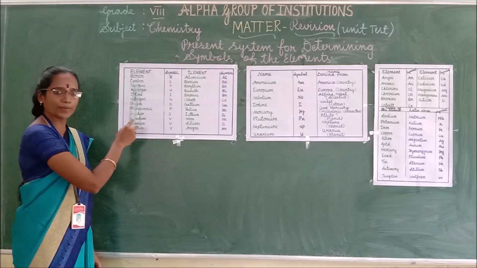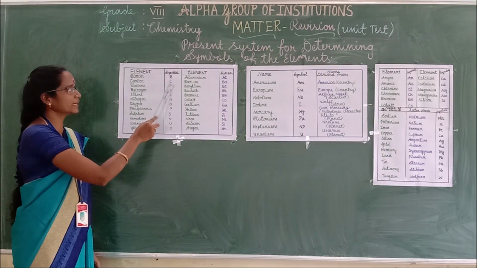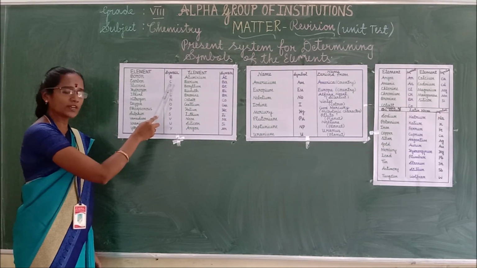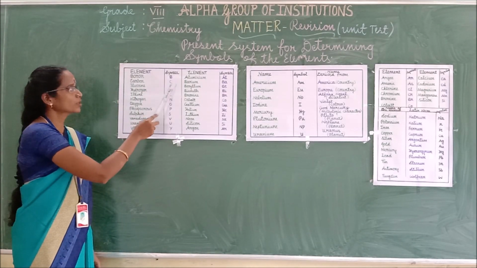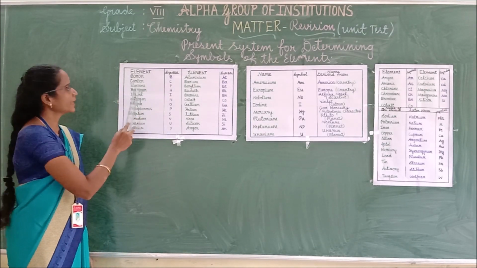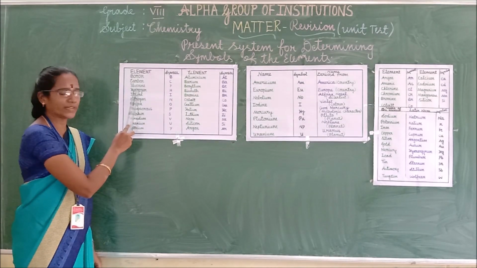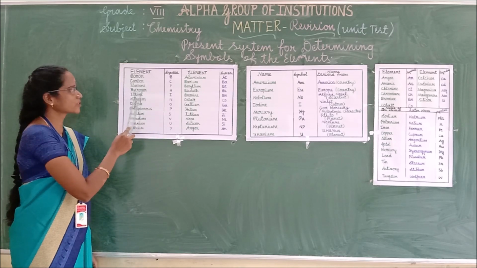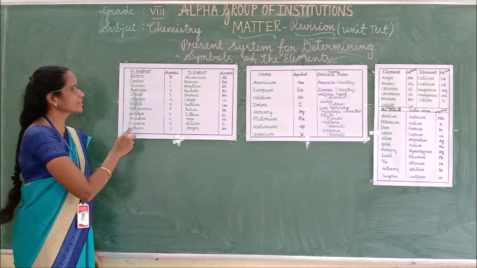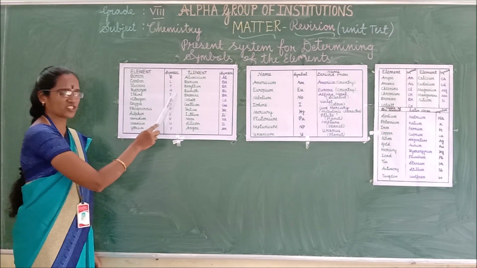Next one, carbon, and its symbol is C. Why? Because the first letter of the English name is C. Next one, fluorine, and its symbol is F. Next one, hydrogen. What is the symbol of hydrogen?